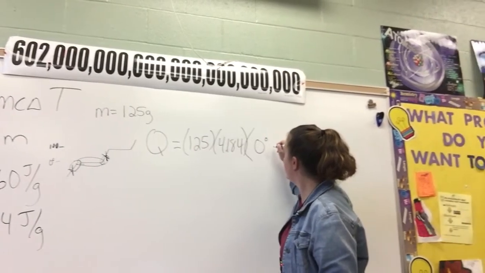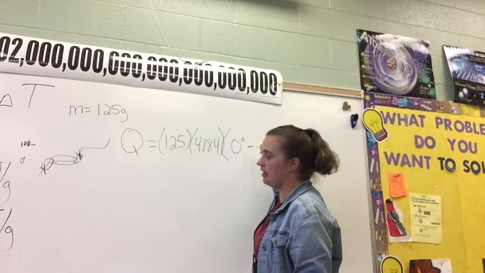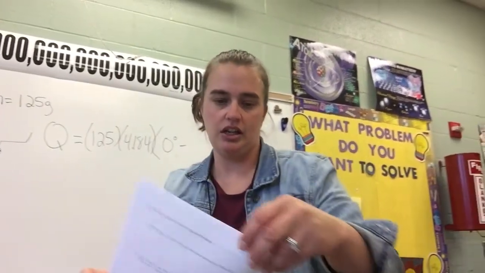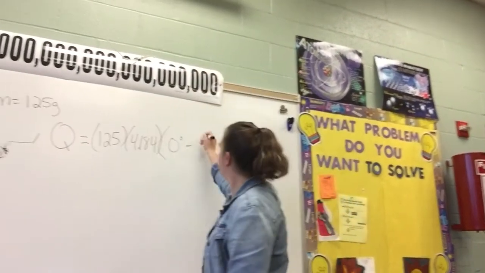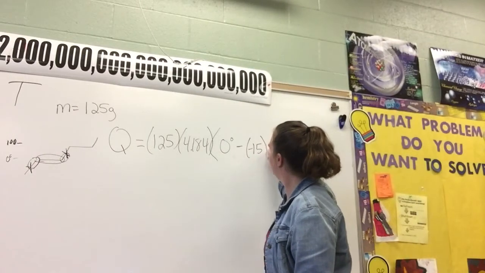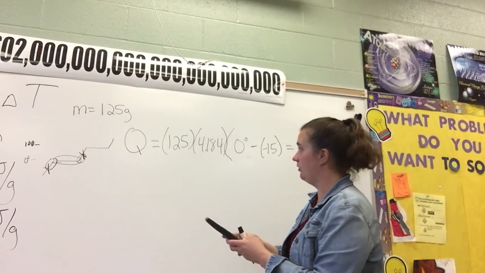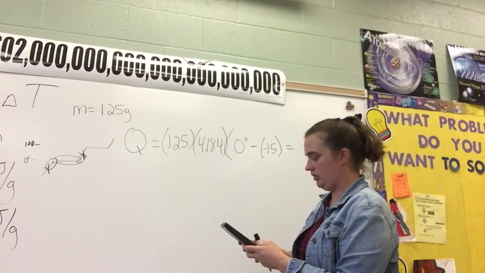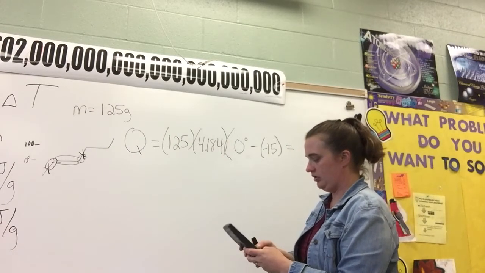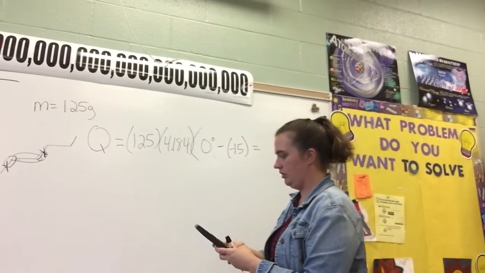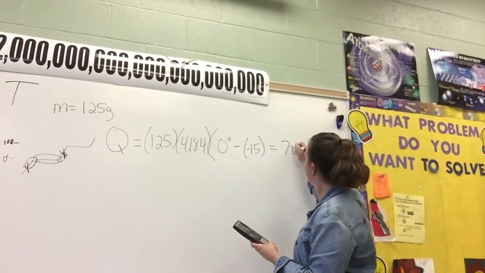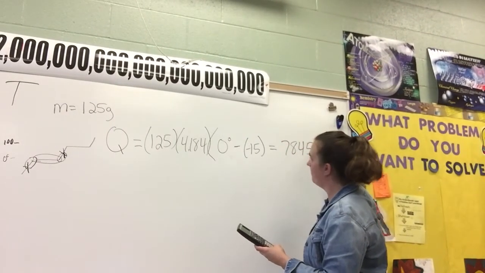So 0 degrees minus, was it negative 15 I started at? Negative 15. And I calculate that first Q value. That gets me 780.45.